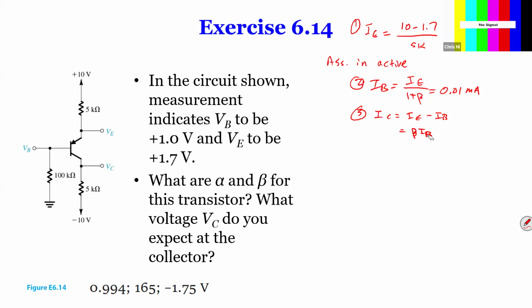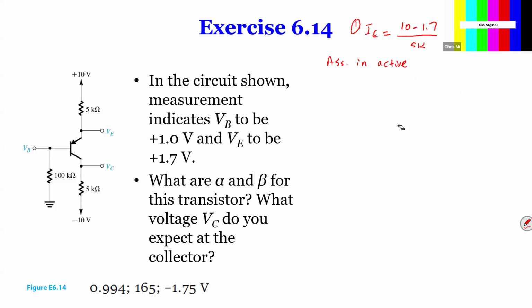Yeah, go ahead. How do we know it's 0.01 milliamps? We don't know beta. You're absolutely right. We cannot do that because we don't know beta. We need to find beta.